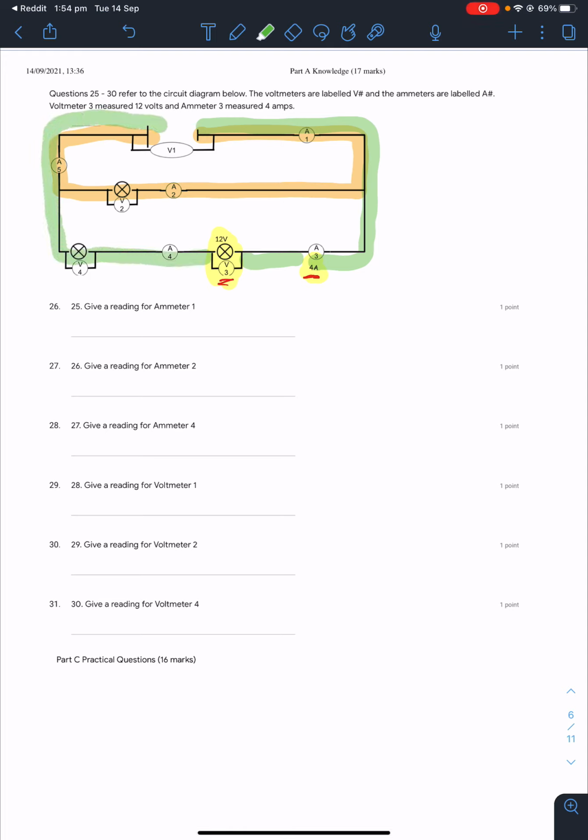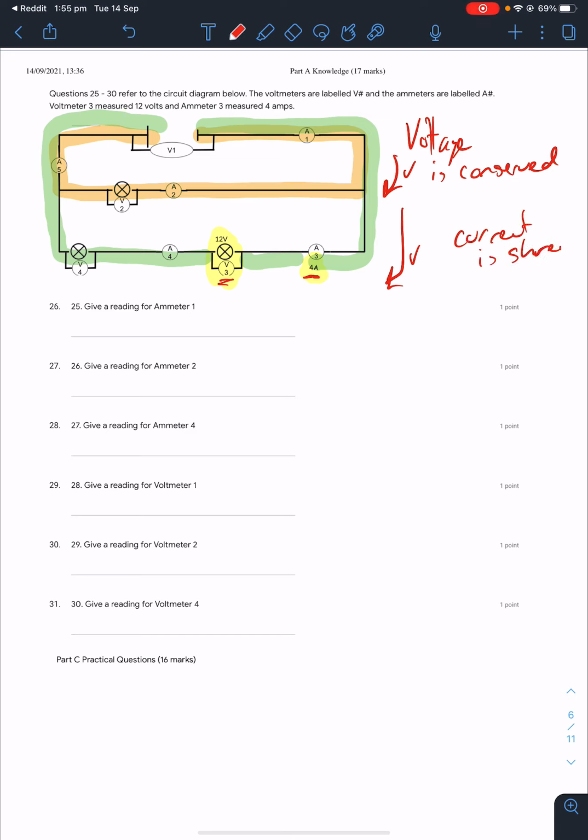So we've got a parallel circuit, and remember, for parallel circuits, the voltage is conserved, which means that each path gets the voltage, and current is shared.